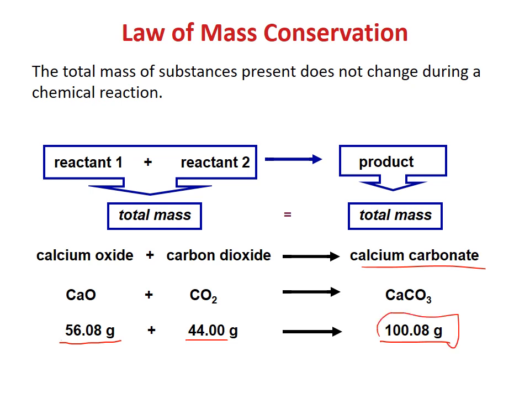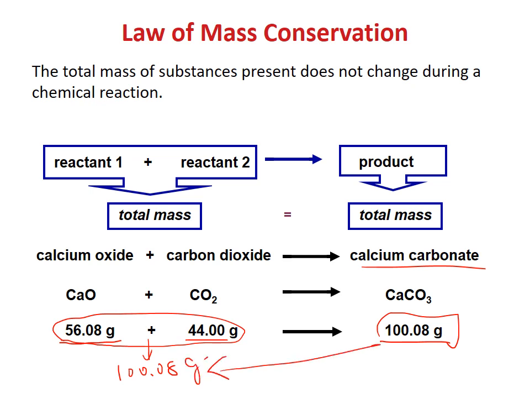Now if you add the two reactants together, you get exactly 100.8 grams, and that equals the weight of the product. So the total mass of substances present does not change during a chemical reaction.